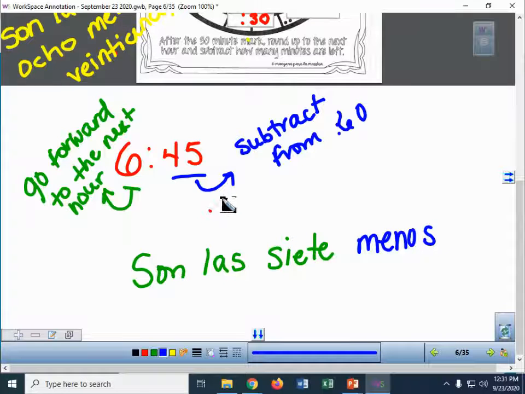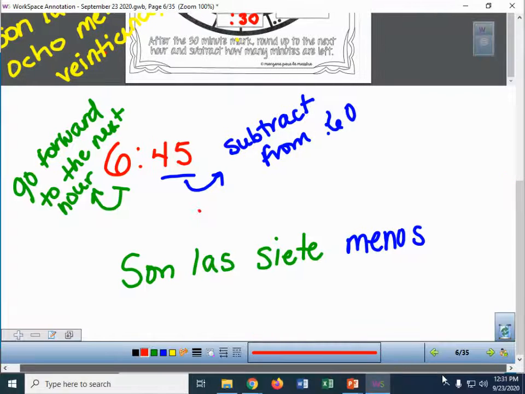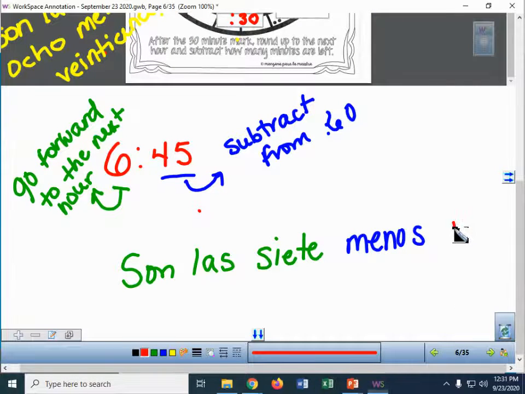And I have to take 45 from 60. And that will be 15. So what's 15 in Spanish? It's quince. And when I tell time, it's cuarto. Cuarto. So 6:45, son las 7 menos cuarto.